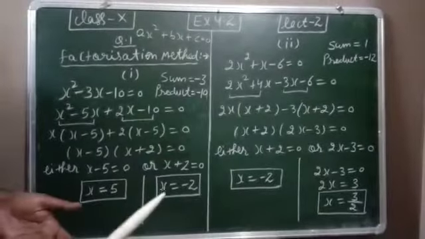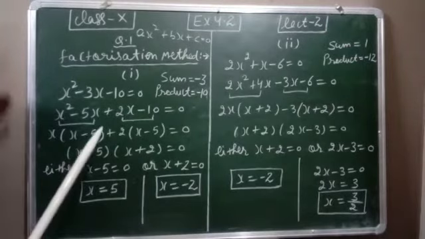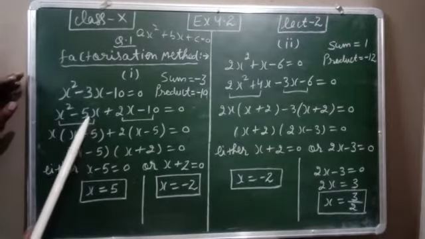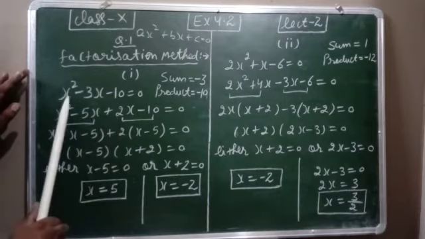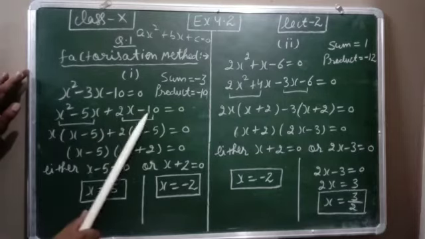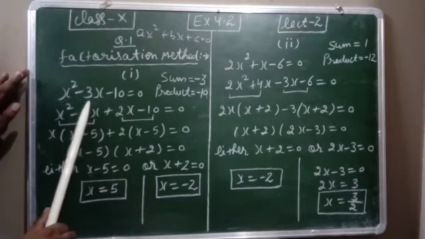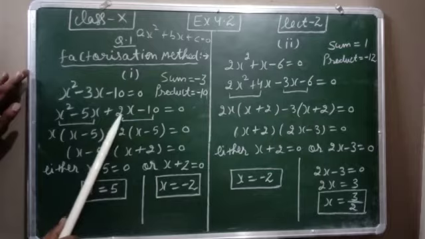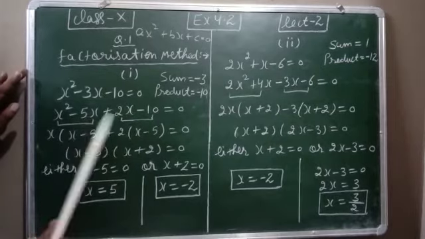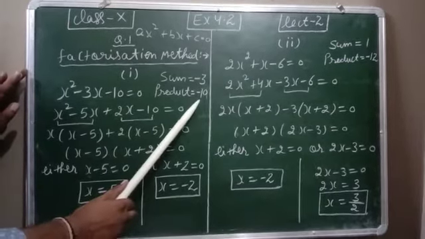In ninth class you learned this method. Here, if I check, the two numbers are −5 and +2. The first value as it is, the last value as it is, and the middle term splits into −5x and +2x. You can check: −5 plus 2 is −3, and if you multiply these two, you get −10.